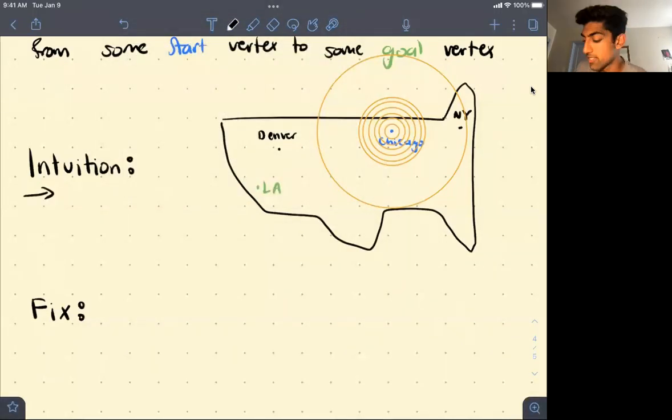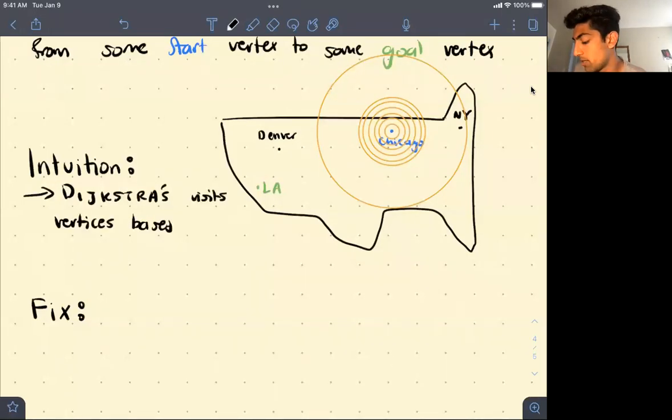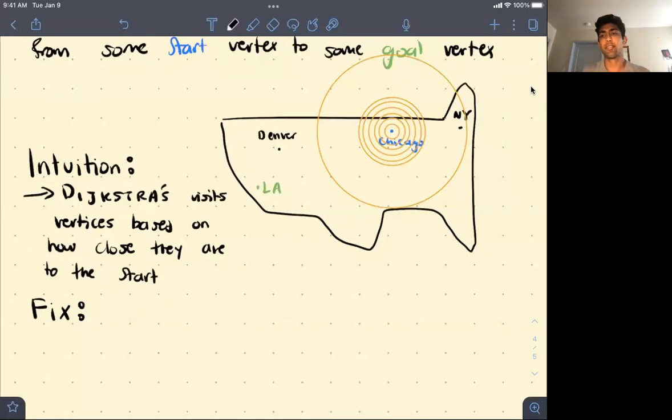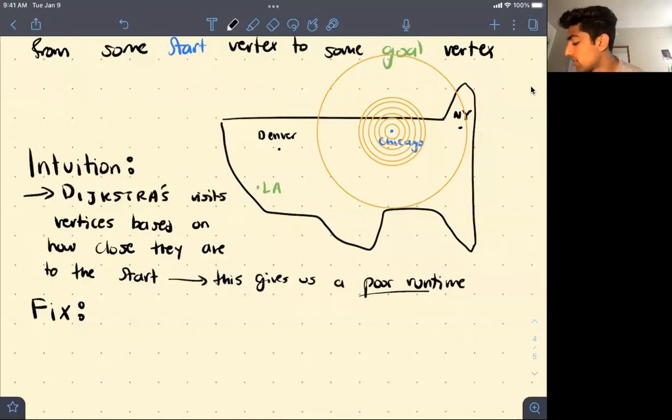The intuition behind A star is that Dijkstra's visits vertices based on how close they are to the start, right? So this gives us a poor runtime.